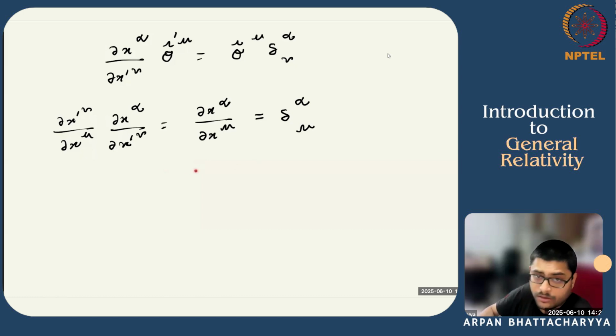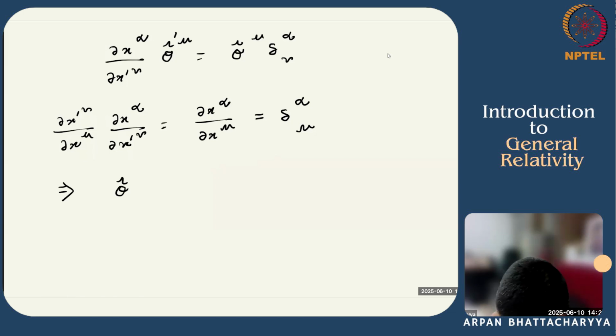Please use this, and then we can easily show that eta alpha, del x alpha, x mu.